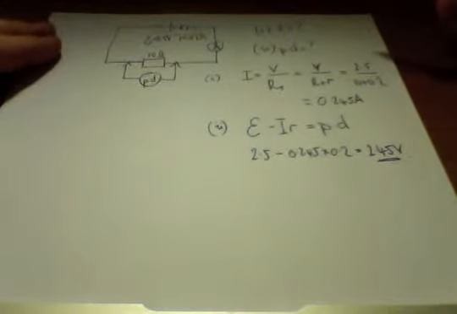However, we could also do it via the potential divider method if you like. I'm just going to put this in brackets, potential divider. And we said that the potential difference is going to be the voltage in divided by the total resistance multiplied by the resistance which you're working over.